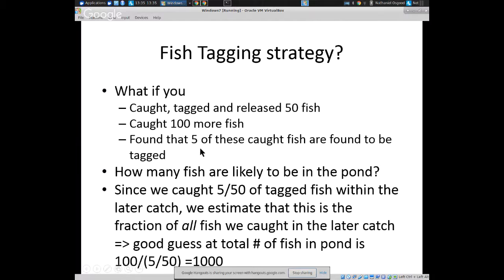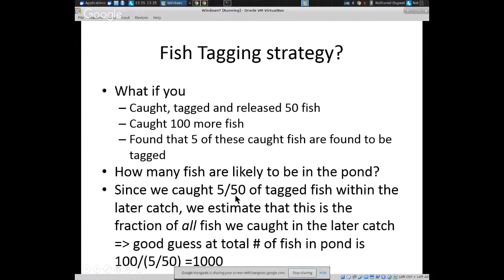So these 50 are only estimated to be 1/20th of the total population. And so we're guessing that, okay, there's 1,000 fish out there, right?